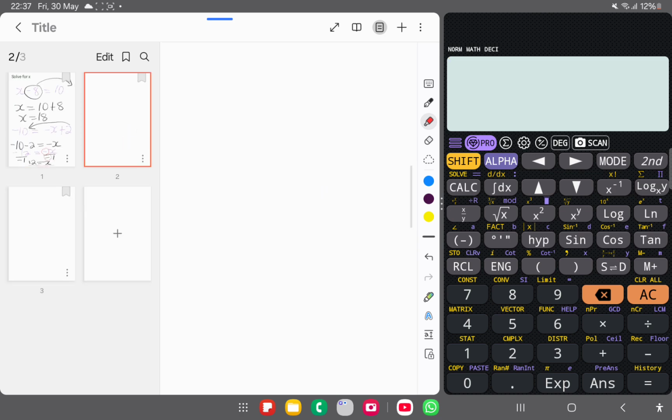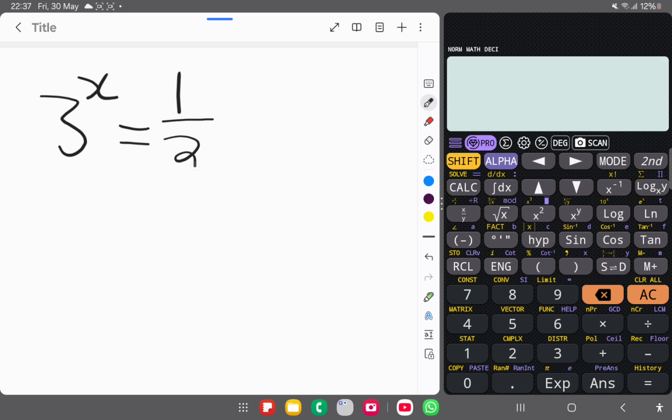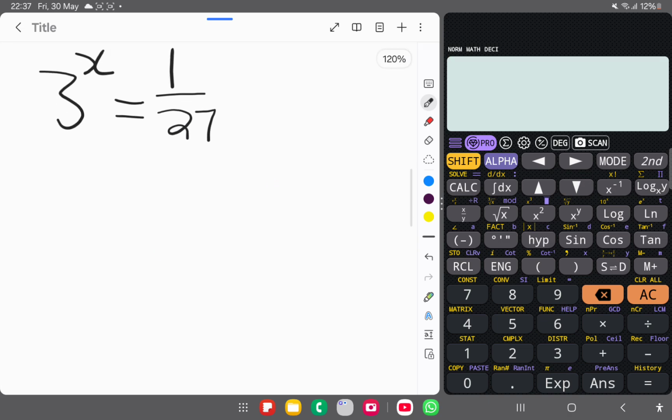Now let's do another one. Now I'm doing the one with an exponent. Let's say we've got 3 to the power of x equals 2 and 3 to the power of x equals 1 over 27. We'll do this afterwards. Let's start off with the first one.